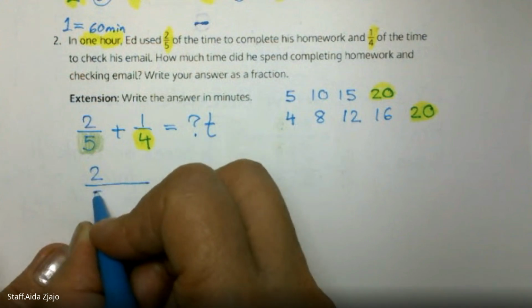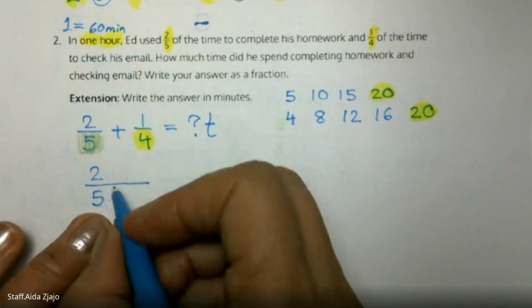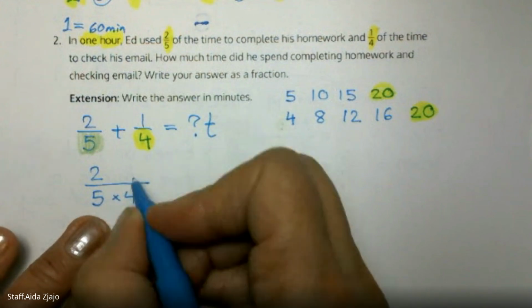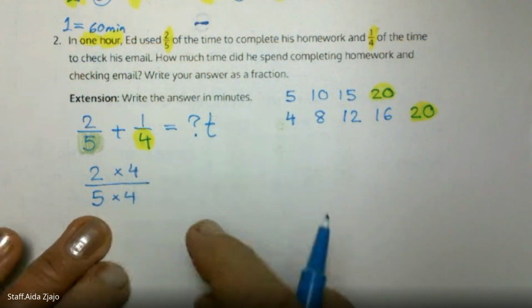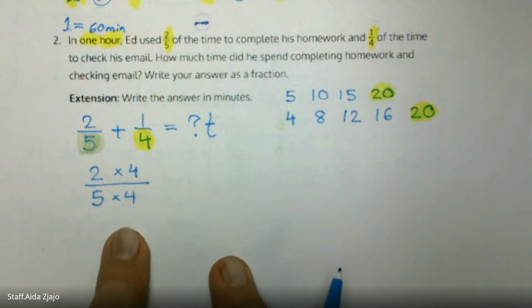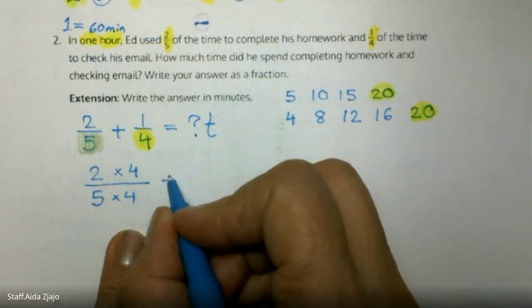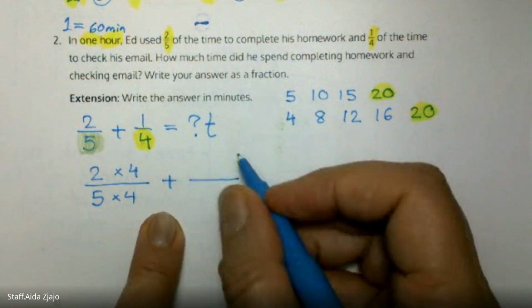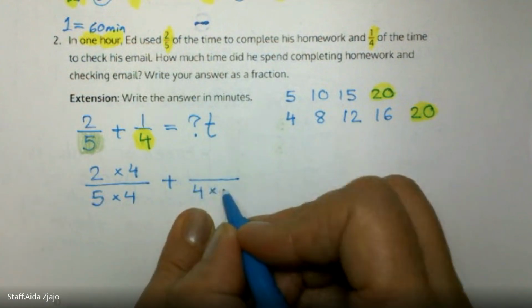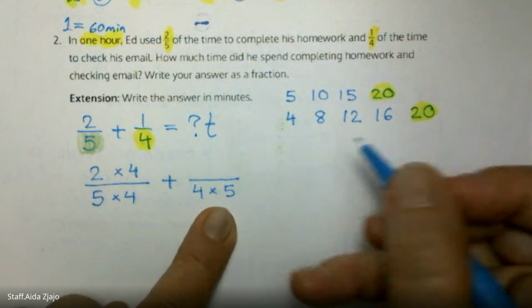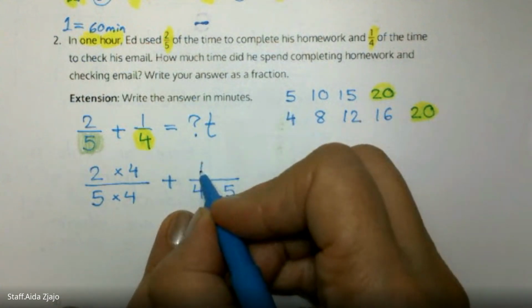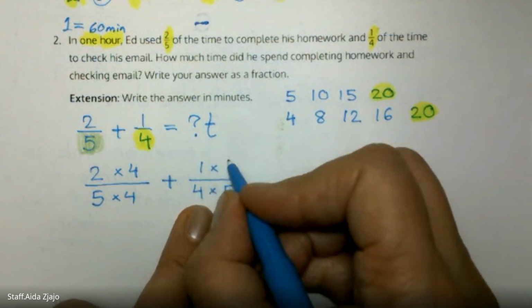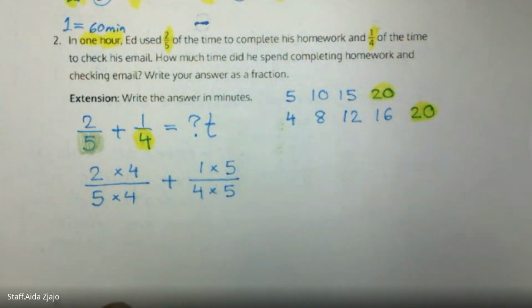Whatever I do in the denominator, I need to do to the numerator. Now I'm going to change the fourth into 20ths by multiplying by 5, but I also need to do the numerator by 5.